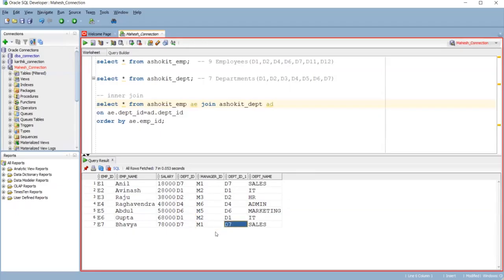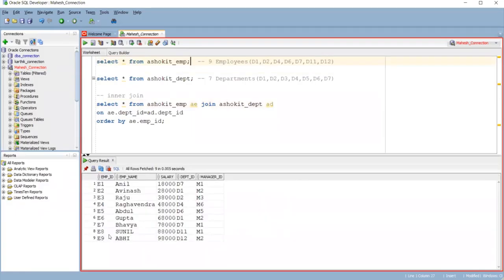So in total, how many employees are there in the employee table, sir? 9 employees are there, but we got only 7 employees. So which 2 employees are excluded from our result, sir? E8 and E9 employees, sir. Why?